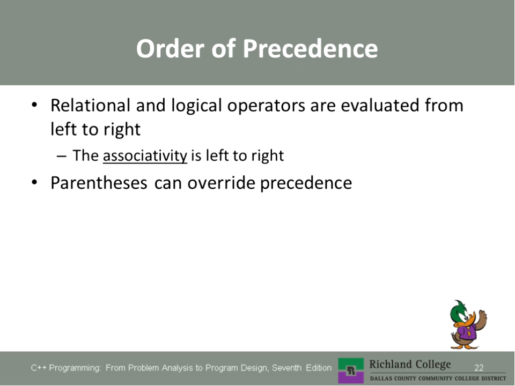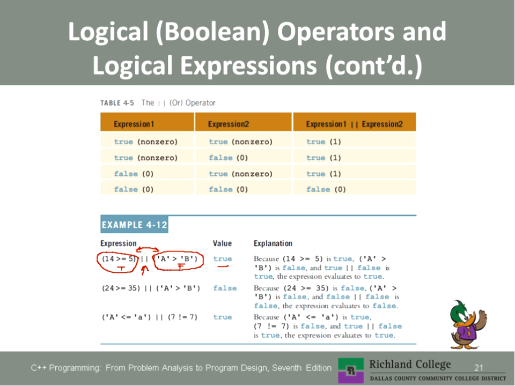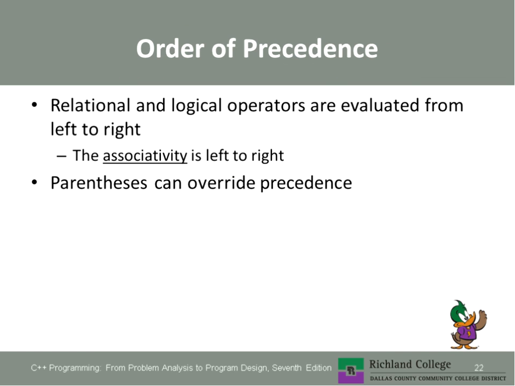And that brings up the whole question of our order of precedence. Relational and logical operators are evaluated from left to right. Just like the way that we read it, here we evaluated from the left, and then we evaluated the right. If you have multiple Boolean operators, they're also going to be evaluated from left to right. That's what associativity means.